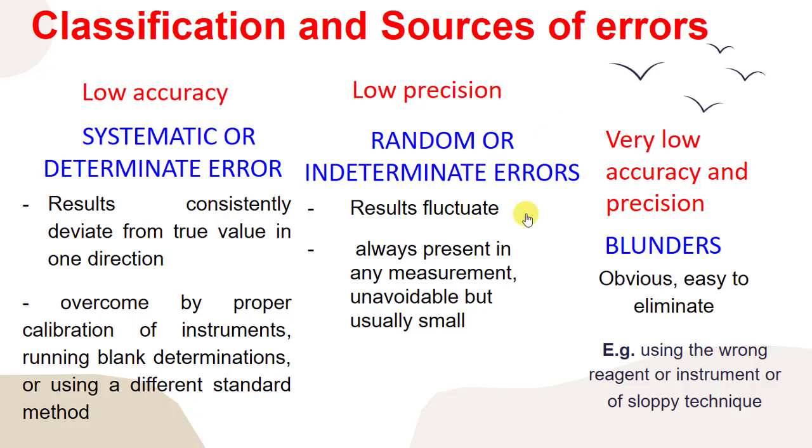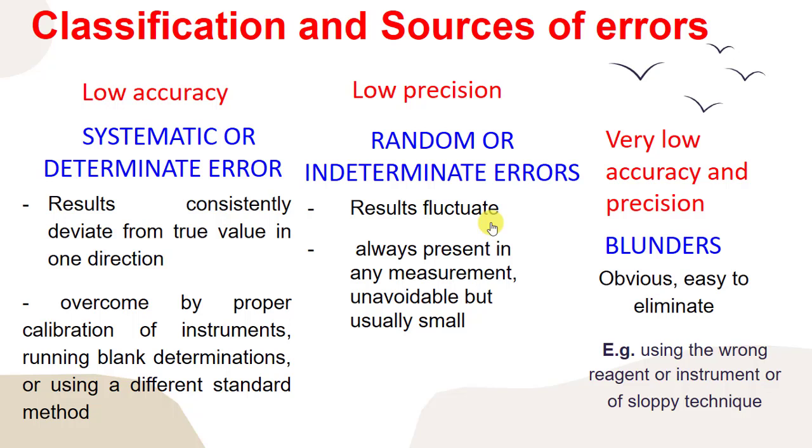This is the main difference between random and systematic error. In systematic error, your results will always be higher or lower than the true value, but for random errors, your results will be around the true value. Some will be higher and some will be lower. These random errors are always present in any measurement.